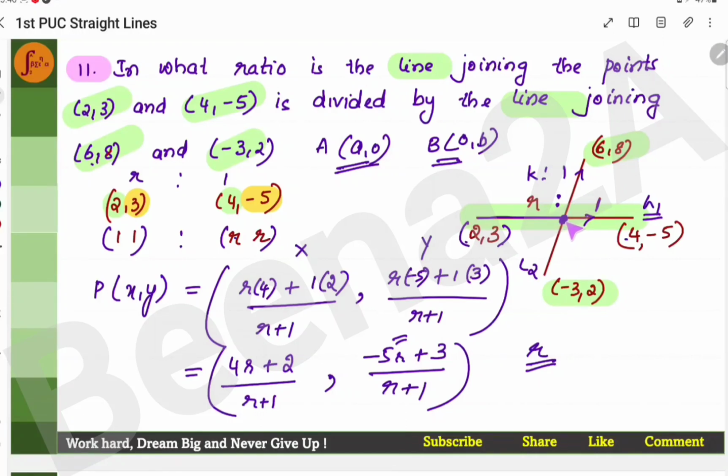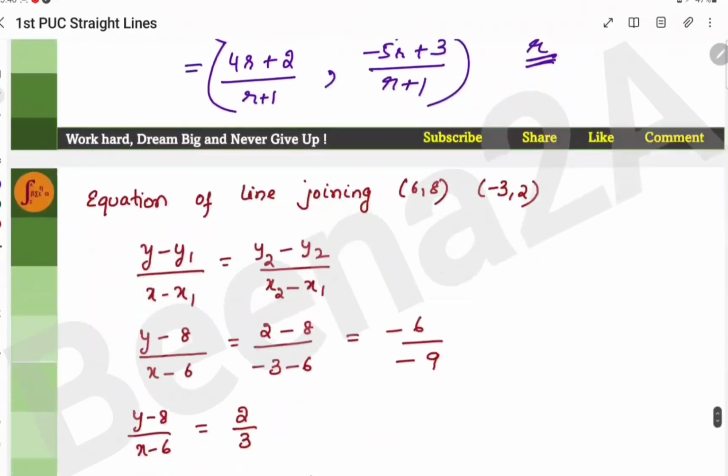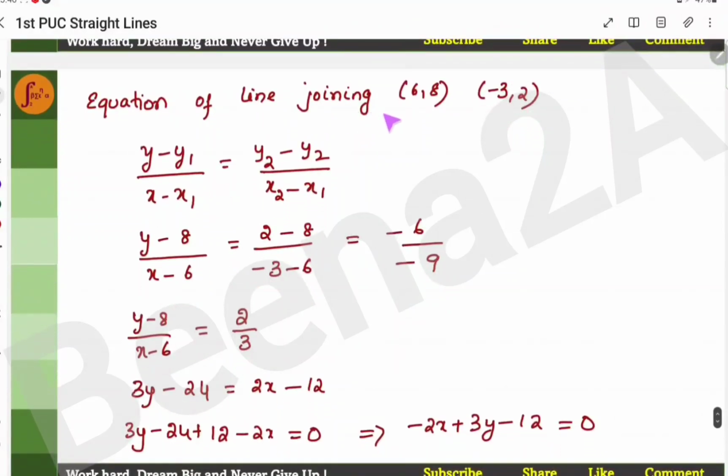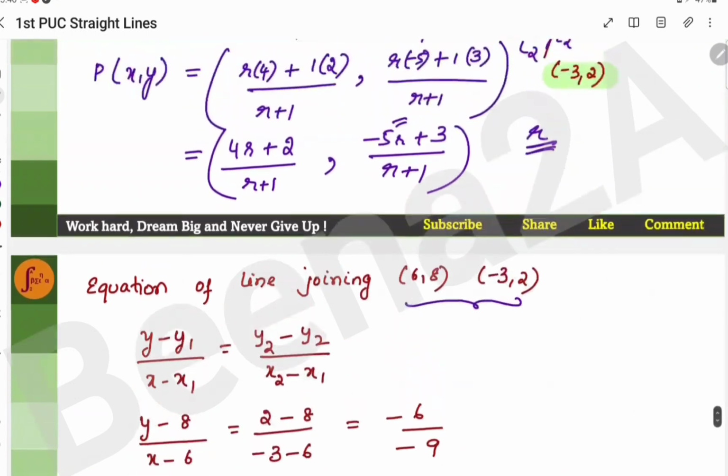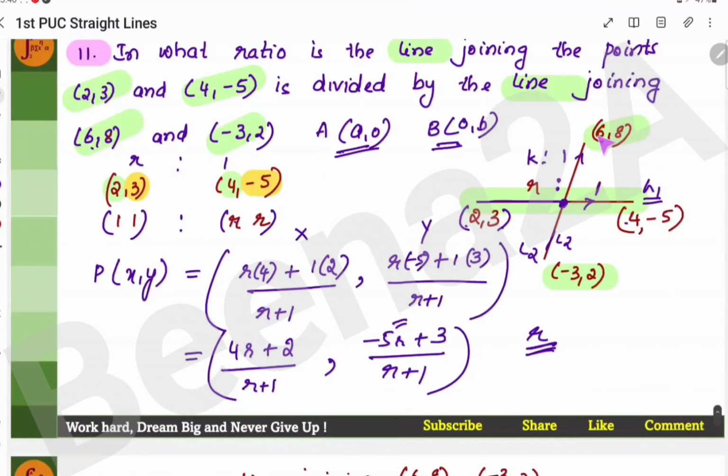So if you take this point and substitute in this L2 equation, you will get R. It's a little lengthy process, but we need to find the equation of the line, and substitute this point in the equation of this line, which is joining 6, 8 and minus 3, 2.